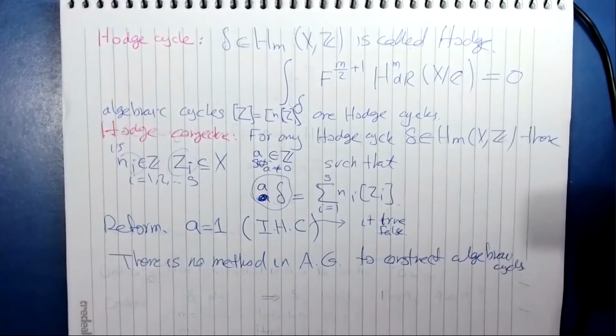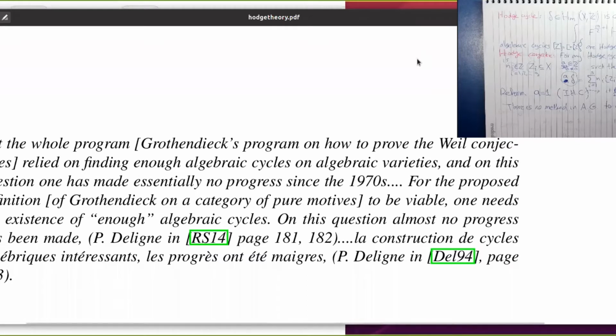And I want to show three statements from Pierre Deligne regarding this. So here you see statements from Pierre Deligne, who is complaining about the lack of our knowledge in constructing algebraic cycles. And as you see, it has to do with motives and so on that we are not going to discuss in this talk.